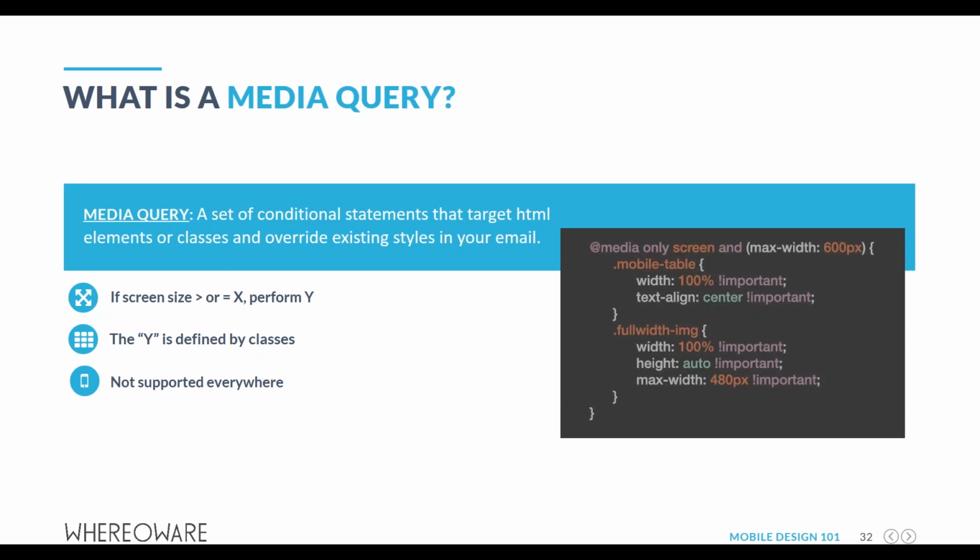And that query can be seen as the conditional rule set that needs to be met in order for our responsive styles to apply. And those styles are held within a class, which is sitting within that media query. And those classes we're actually going to append to some of the HTML elements in our code. And lastly, we just need to make sure we have the appropriate meta tags that are communicating with the browser or email client to expect responsive design in your email.